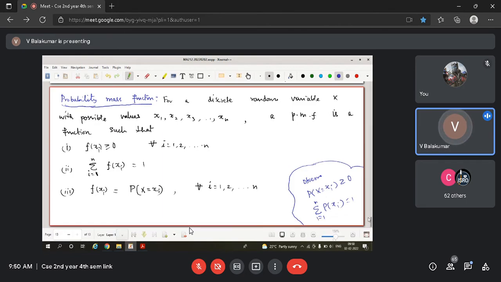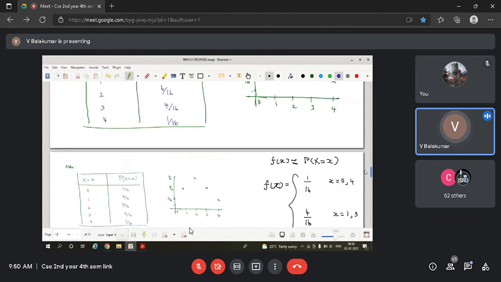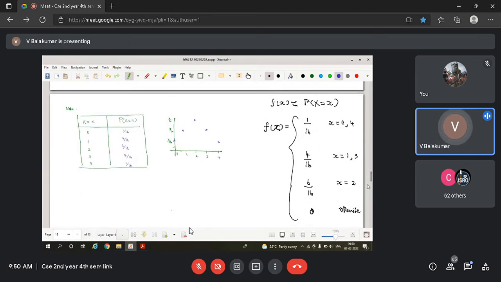And there is one other thing also I can write from the picture. Suppose somebody wants to know the probability till this 2. This is written as probability for x less than or equal to this value. Meaning, what is the probability till this?